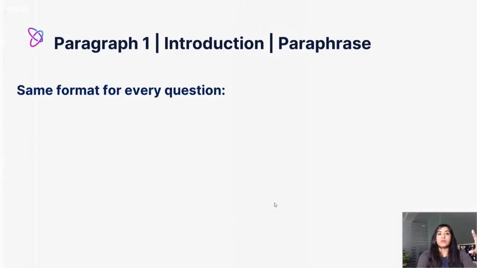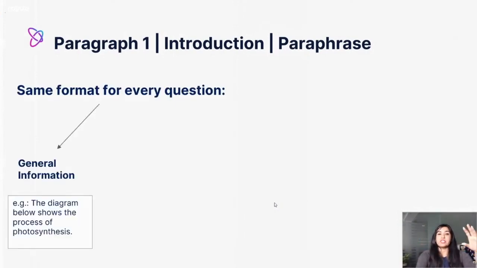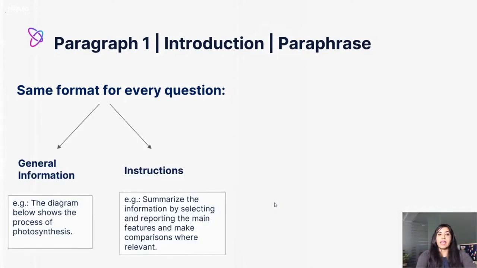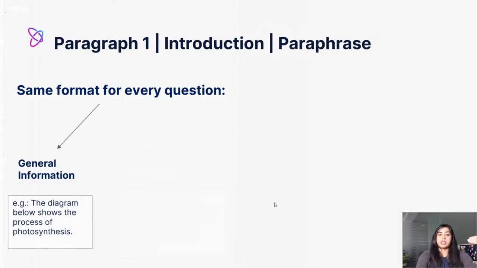Okay? So for every question, there's the same format that you'll get. You'll get general information and you'll get the instructions. So the general information, for example, would be the diagram below shows the process of photosynthesis. So it's giving you an overview of what the question would be about.